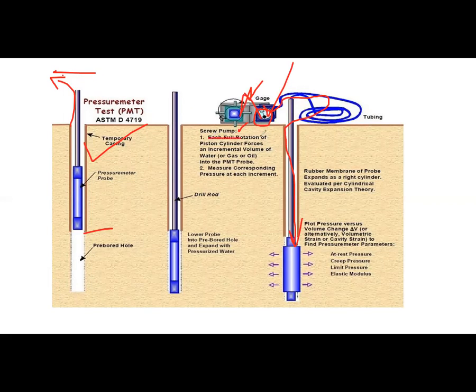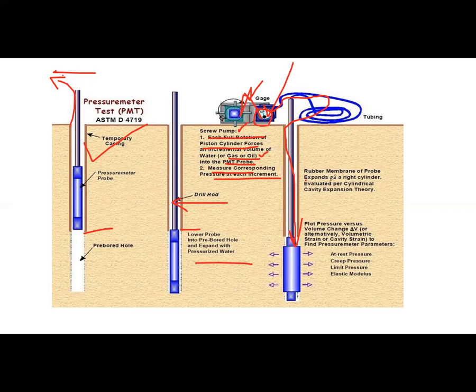Each full revolution of the piston cylinder forces an incremental volume of water, gas or oil into the PMT probe, and we measure the corresponding pressure on each increment. This is the drilling rod. We are drilling after the casing ends, at the desired height.